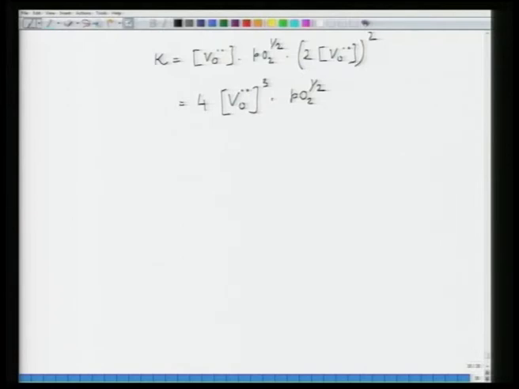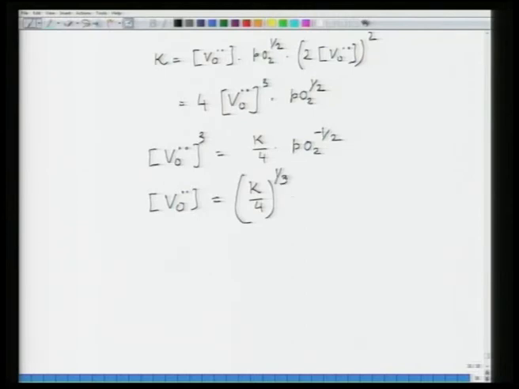Now, so what it means is that VO is equal to K by 4 into PO to the power minus half VO cube, or VO is equal to K by 4 to the power 1 by 3 into PO to the power minus 1 by 6.